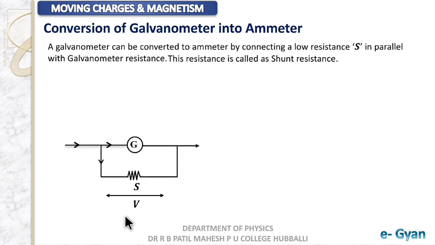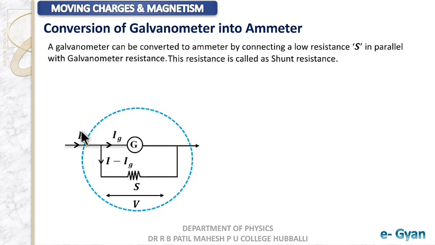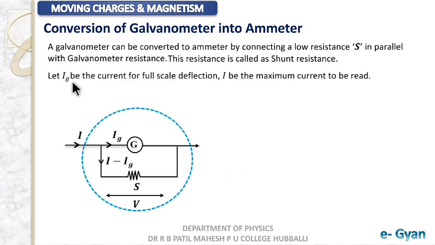The voltage across the combination is V, and I is the main current, and Ig current will be flowing through the galvanometer, and the remaining current will be I minus Ig. Here Ig is the current that will produce full scale deflection in the galvanometer, that means it deflects the galvanometer from 0 to the highest value.